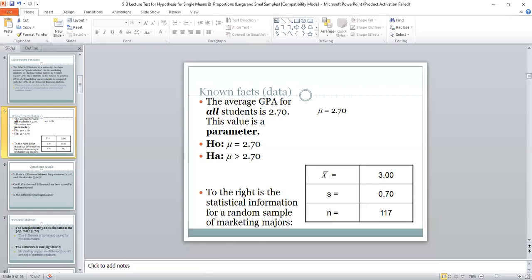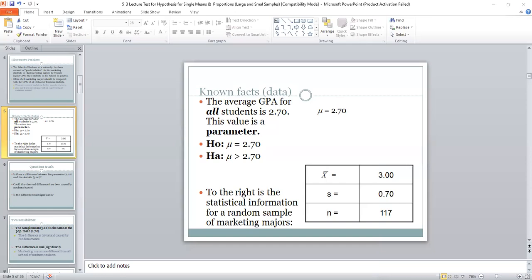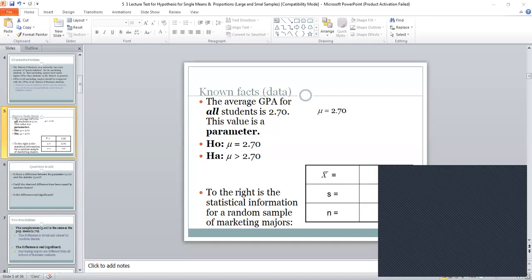So we are going to collect data now to compute the test statistic when the sample is small and when the sample is large. I'll use the two cases. I hope you are noting this because we want you to note them down. These are data you have collected from a sample of marketing measures.